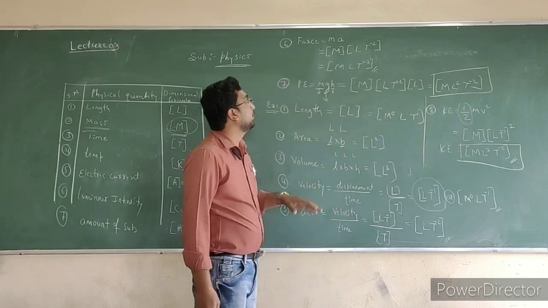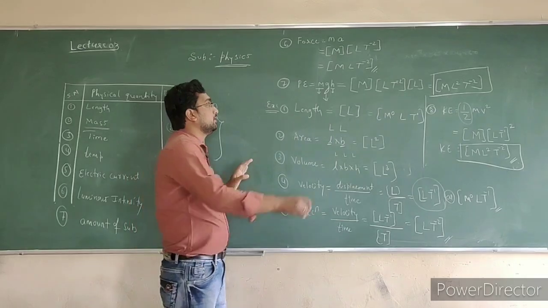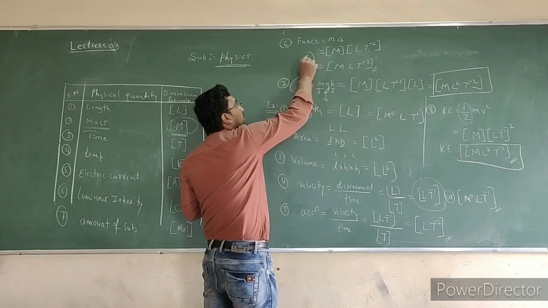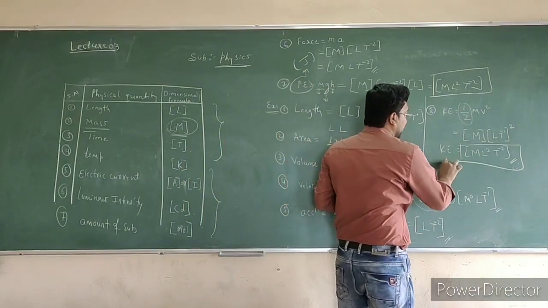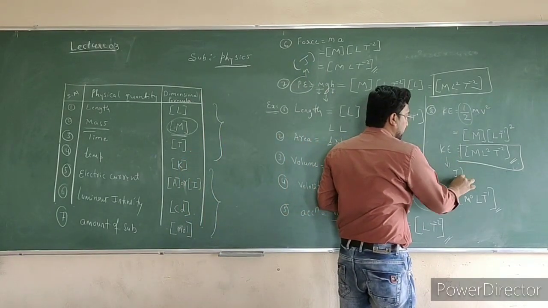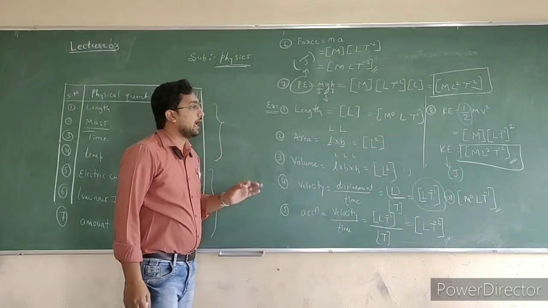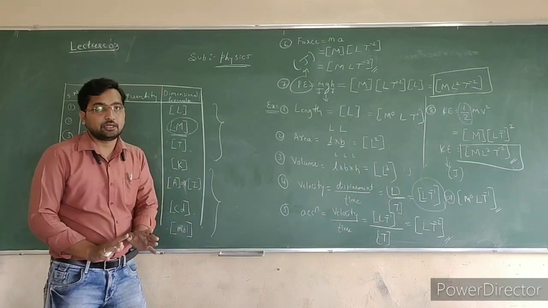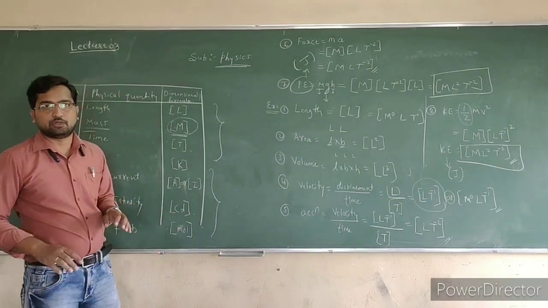For example, the SI unit of potential energy is joule, denoted by J. And the SI unit of kinetic energy is also joule. If physical quantities have the same SI unit, they have the same dimensional formula.